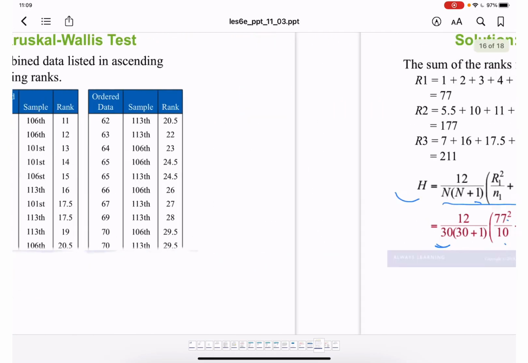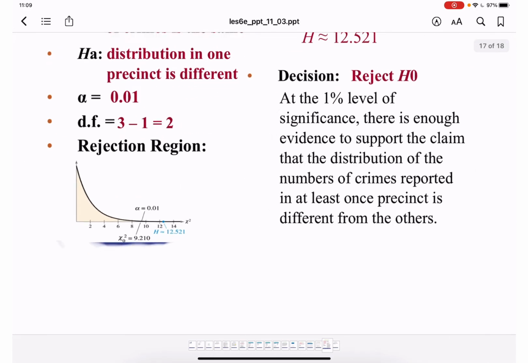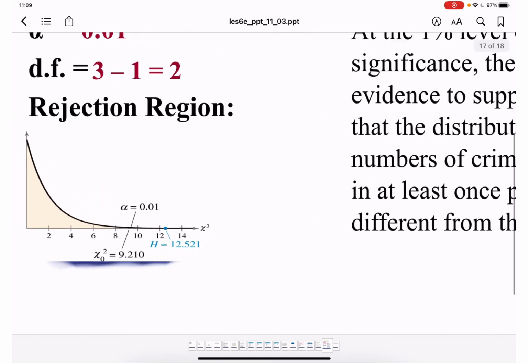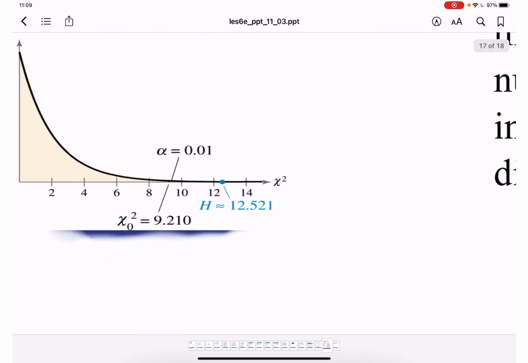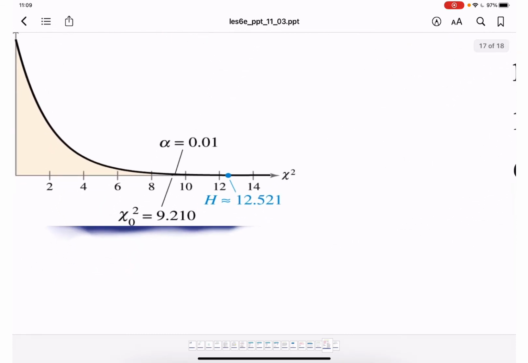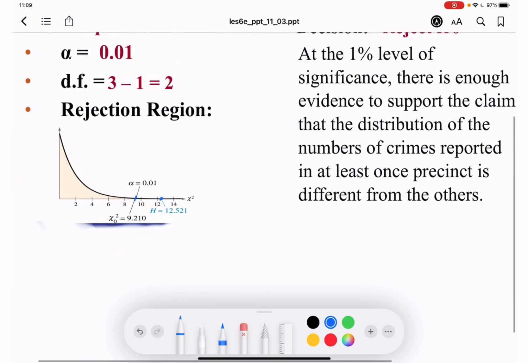Here is one more case. So we reject the null hypothesis. We have here 12.52, and this is 9.21, which means it's in the rejection area.